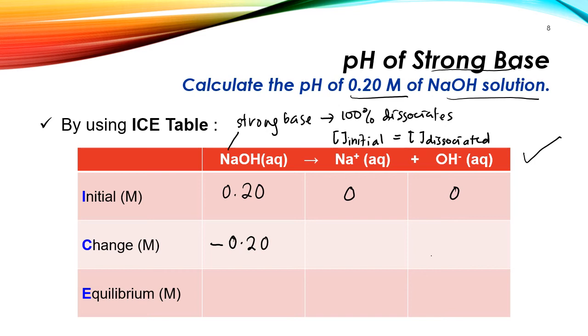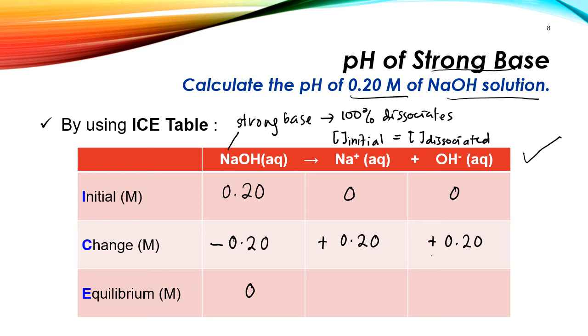But since products form during the reaction, Na+ and OH- will form. They will form as much as the concentration of NaOH dissociated. That is, an increase in concentration of 0.20 molar for Na+, as well as 0.20 molar for OH-. Finally, at equilibrium, the NaOH remaining is zero concentration, which means 0.2 minus 0.2.